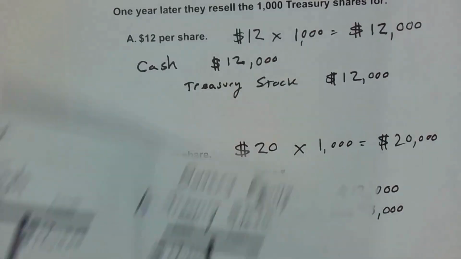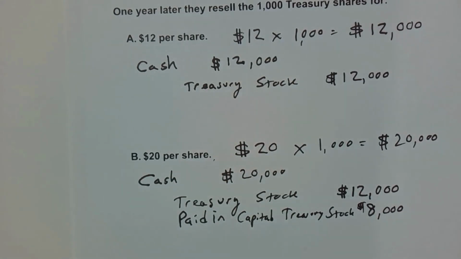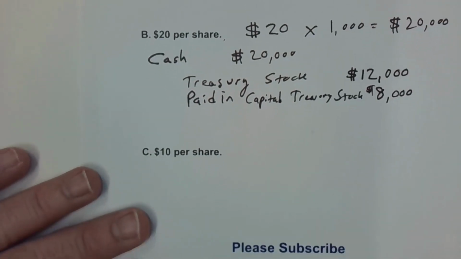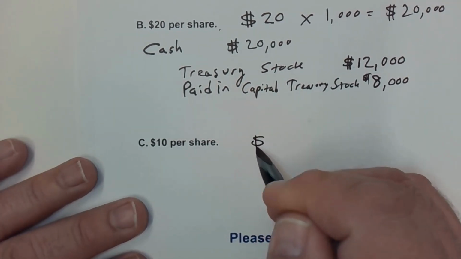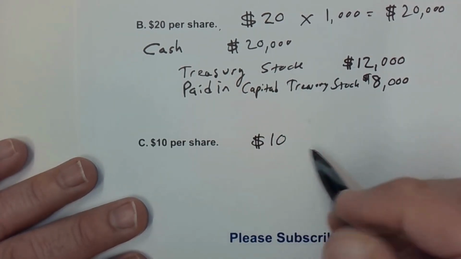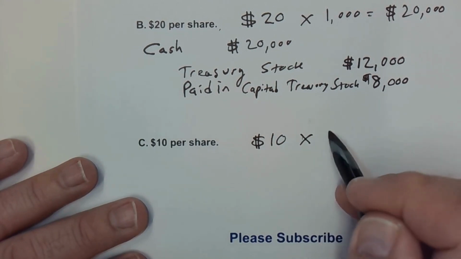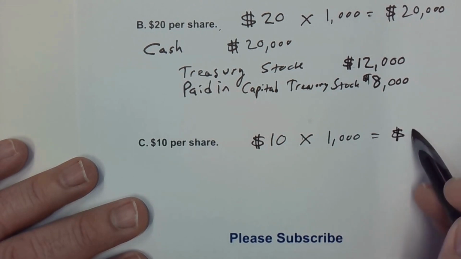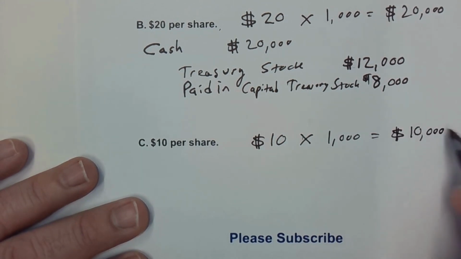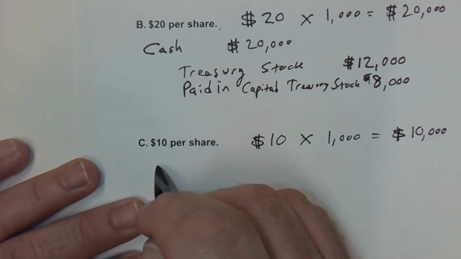So far, so good. All right, and then the last one, they're going to sell it at a loss of only $10 per share because the market price went down, but they need to raise some cash anyway. So $10 per share times 1,000 shares, that means the cash they receive is only going to be $10,000. Always start with the debits.